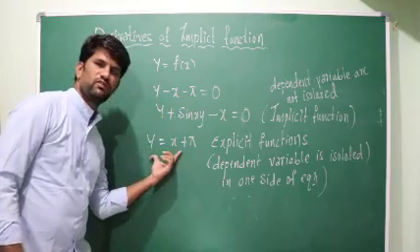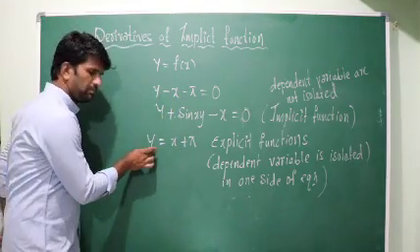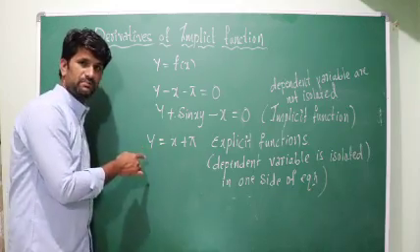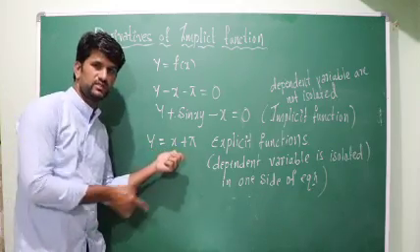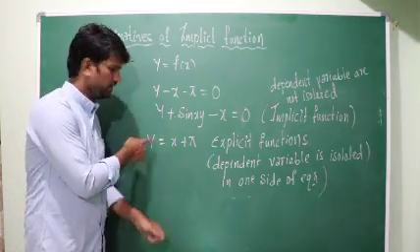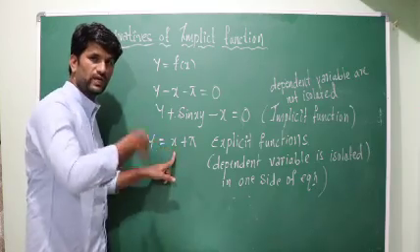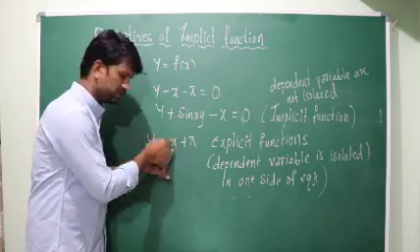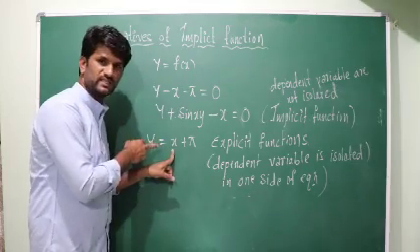So what we observed in the first case, why do we call y a dependent variable? Because as x changes, the value of y changes. X is an independent variable because we are going to change the values. As x changes, the value of y changes.